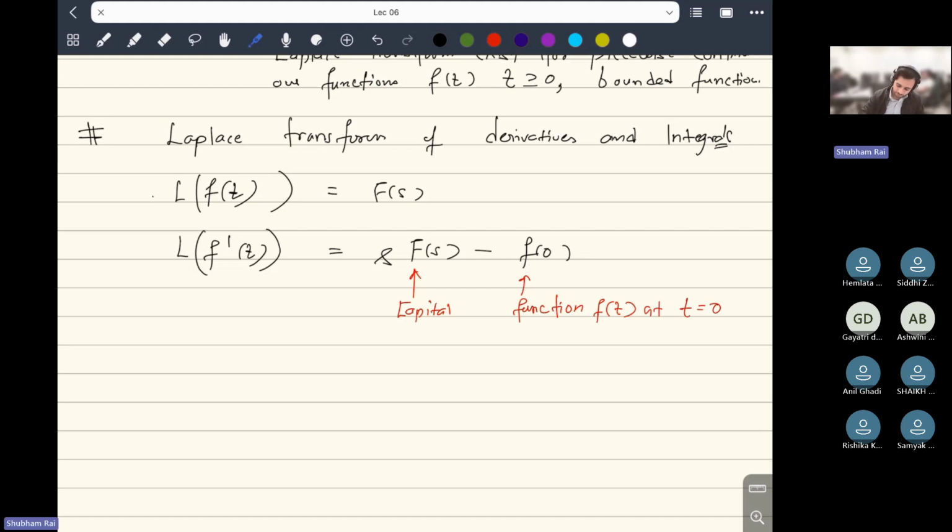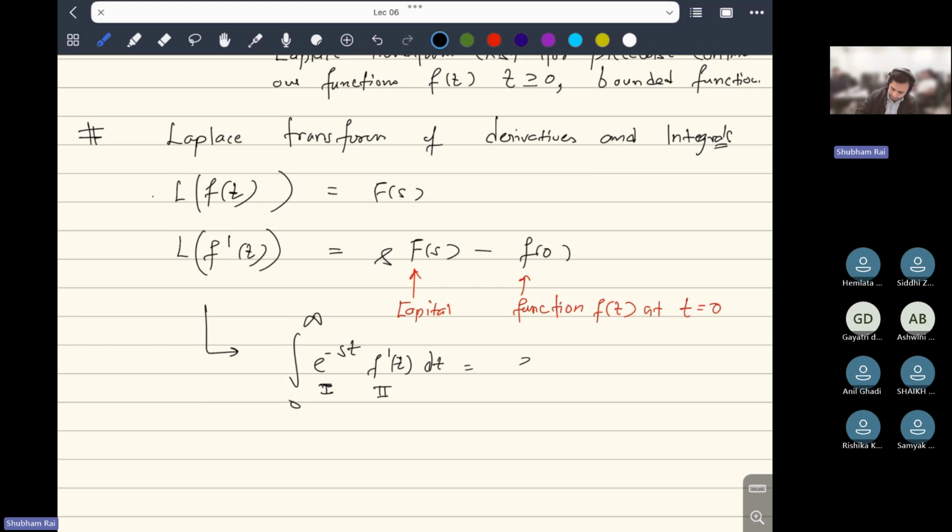And we can very easily prove it. Let's see, the Laplace transform of f prime of t will be the integral from 0 to infinity of e raised to the power minus st times f prime of t dt. Again we use the product rule of integrals. So we will assign this as the first function and this as the second function, and then apply the integral.